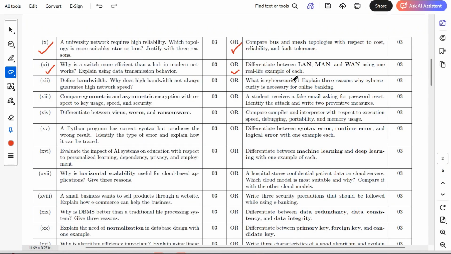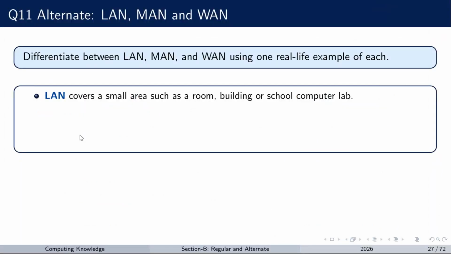Alternate question: differentiate between LAN, MAN and WAN using one real-life example of each. LAN covers a small area such as a room, building or school computer lab.